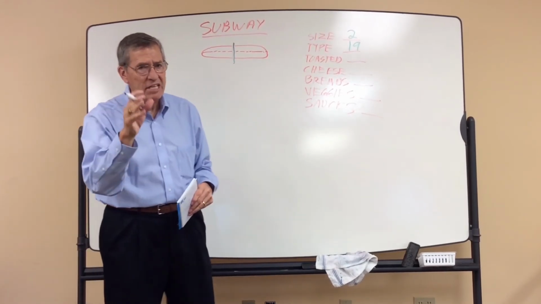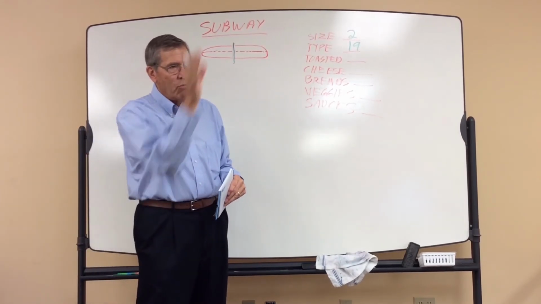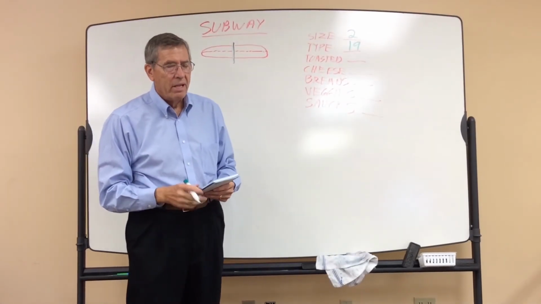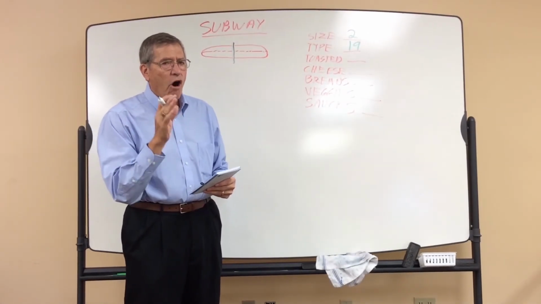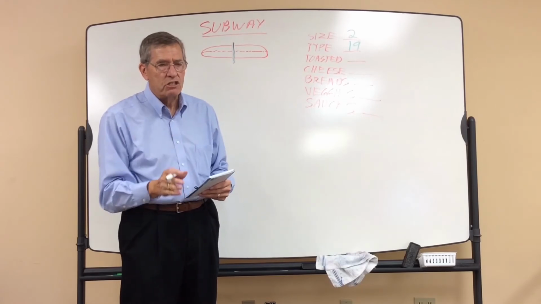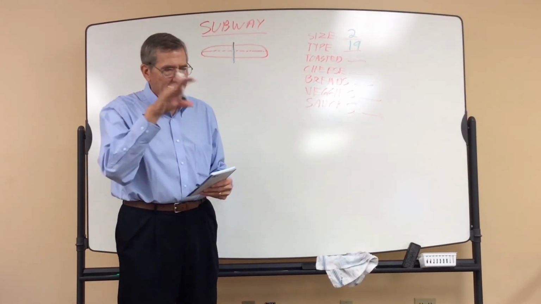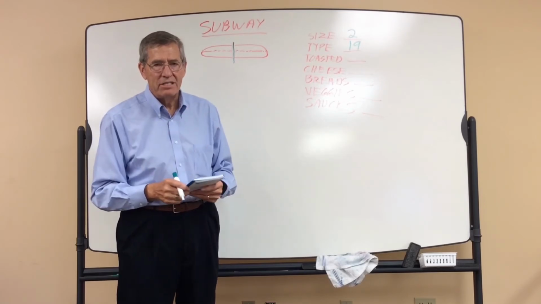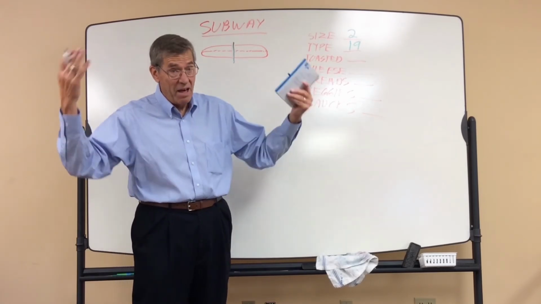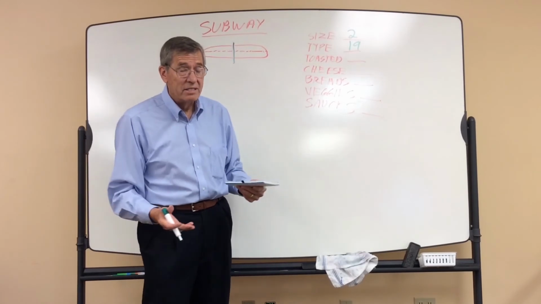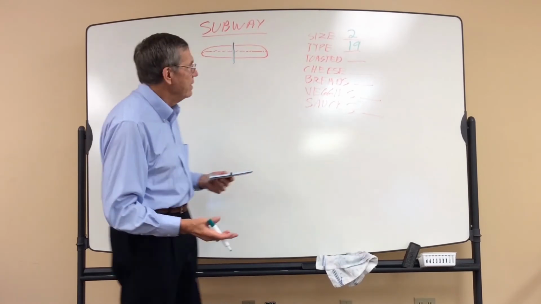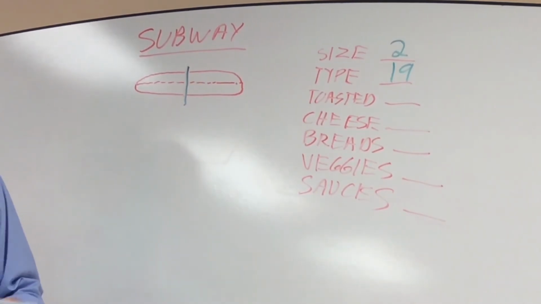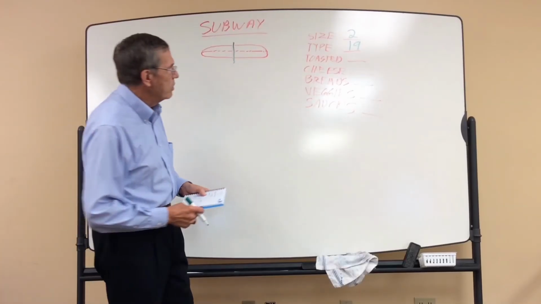Now that doesn't mean every Subway, like the one at Maysville Avenue or the one up on Maple or at Walmart, will all have each one of those sandwiches, because they tailor it to the demand in the community. So they try to fine tune that so they don't have so much. We're talking about how numbers explode. Well, Subway's got to deal with that also. But there are 19 that they have developed for use in their store networks.